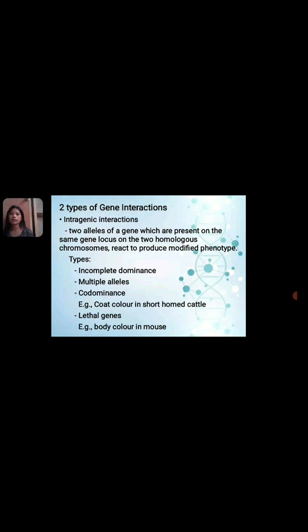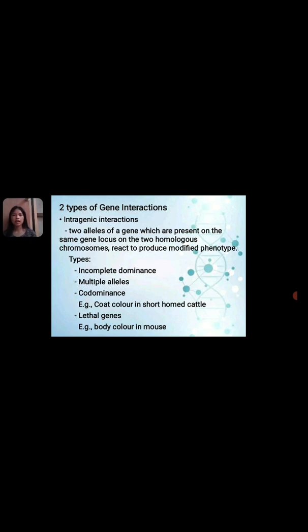Incomplete dominance, multiple alleles, and codominance are examples of intragenic interaction. Incomplete dominance is when a new phenotype is produced because both alleles are unable to completely dominate, and rather produce a mixed phenotype.